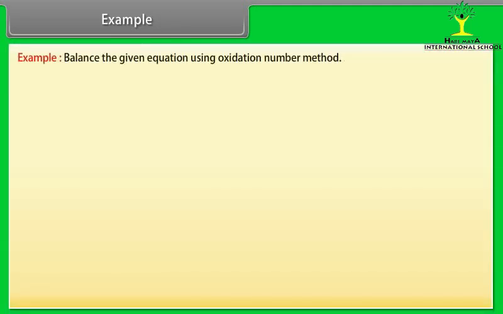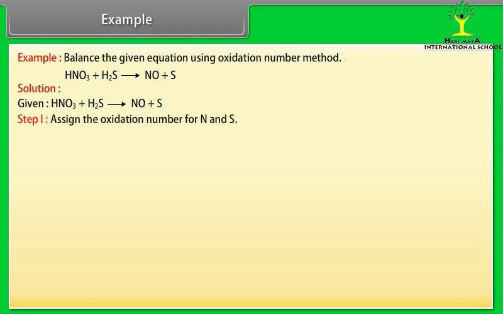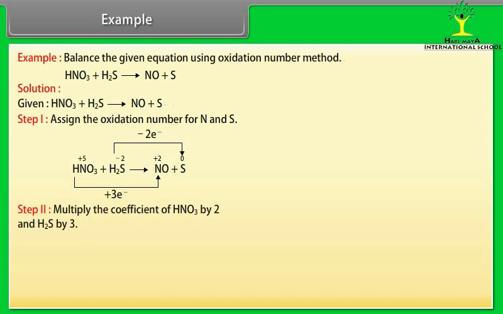Example. Let us take an example of balancing the equations. Balance the given equation using the oxidation number method. Let's see the solution. Here, the given equation is HNO3 plus H2S gives rise to NO plus S. Step 1. Firstly, we assign the oxidation numbers of N and S. Step 2.